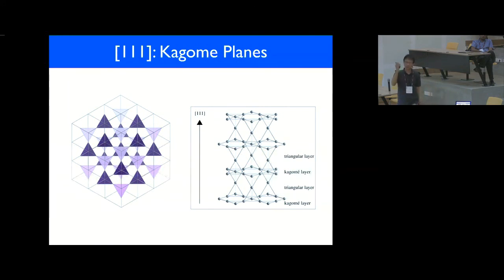If you apply a large enough field, the spin on the triangular layer is going to be pinned in the field direction. So the degrees of freedom are actually only on the Kagome layer.